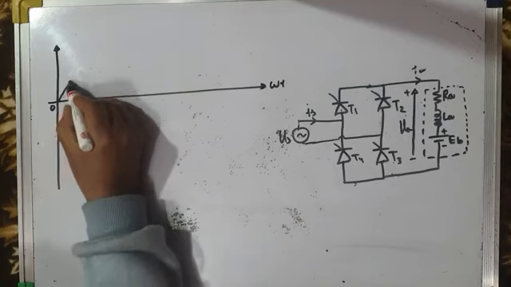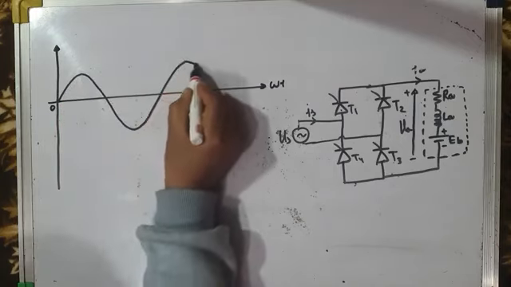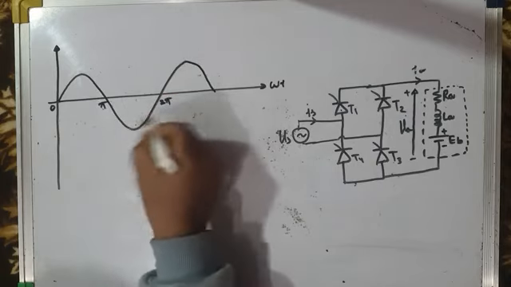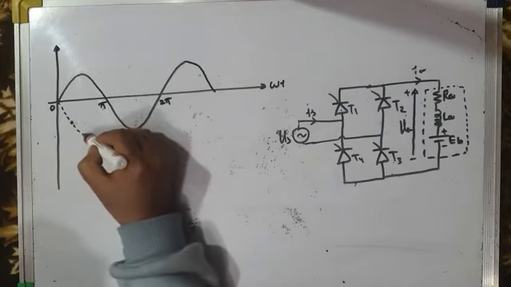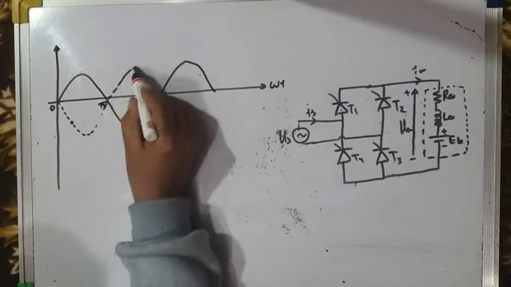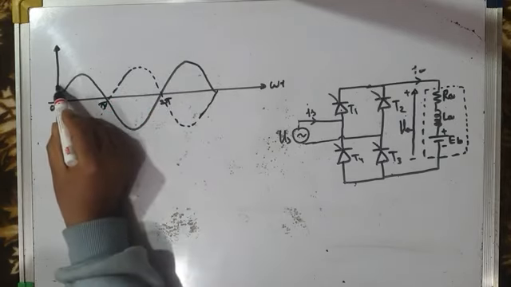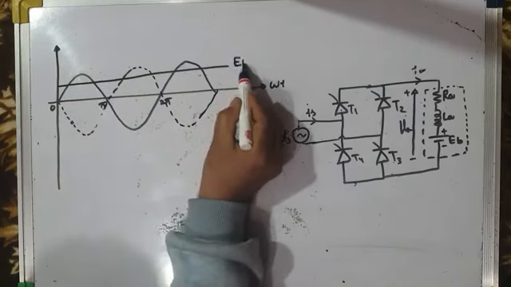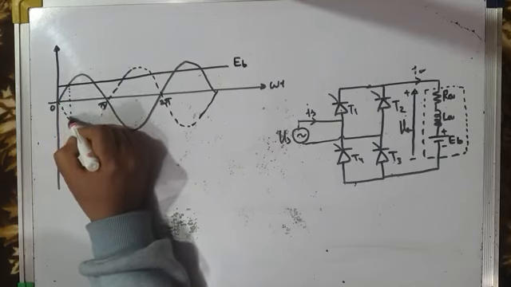Again, this is my source voltage, 0, pi, 2 pi, these are the zero crossings, and so on. Okay, fine. So this is the back EMF of the motor, EB, and we are firing at same instant.